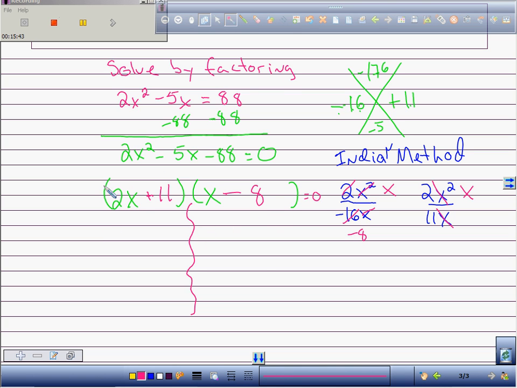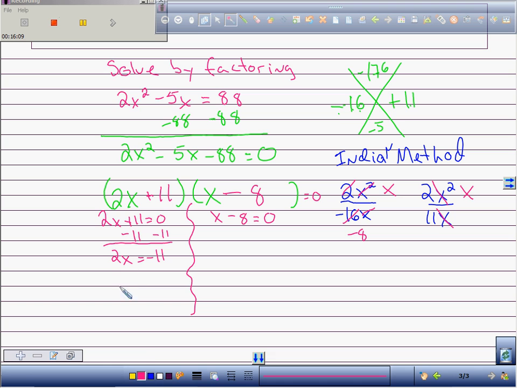So now that I have this factored out, I write my two little equations. 2x plus 11 equals 0, and x minus 8 equals 0. Then I subtract 11 from both sides, I get 2x equals negative 11.